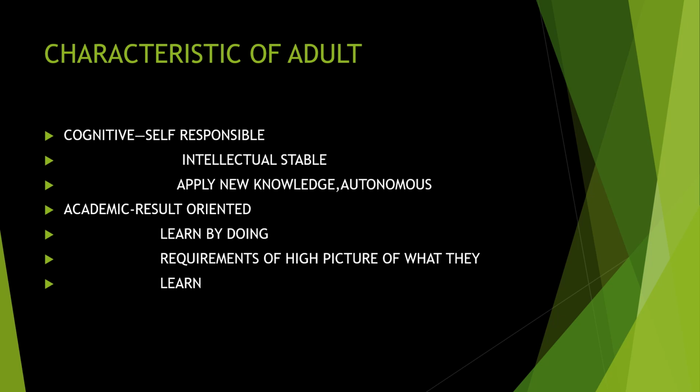So I think you are able to get the difference between the cognitive level of an adolescent and of an adult. An adult is a grown-up person, so they have their own ideas. They are self-motivated persons, and at the academic level also they always think of the best things.